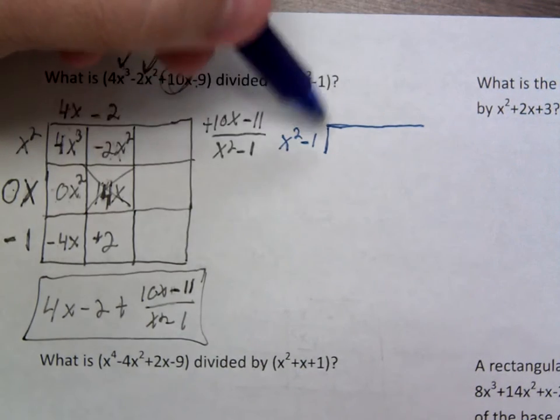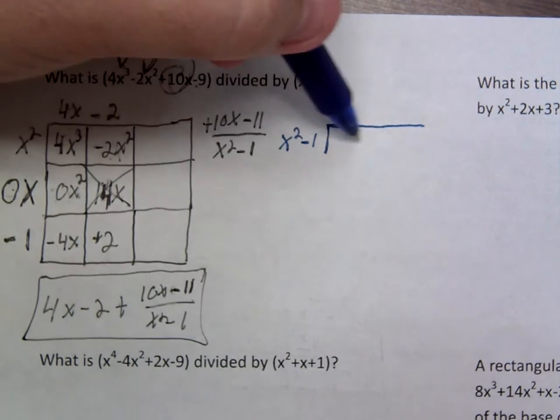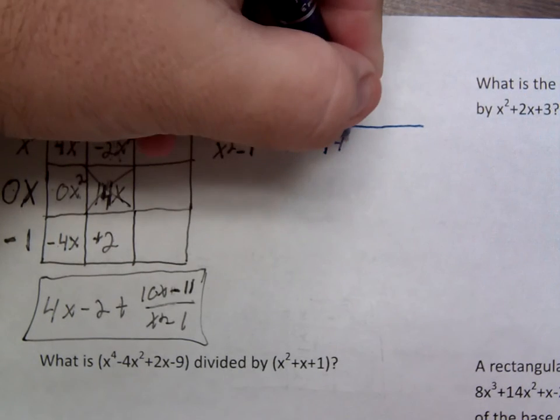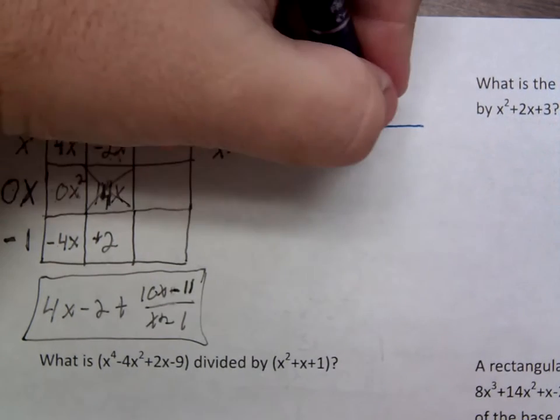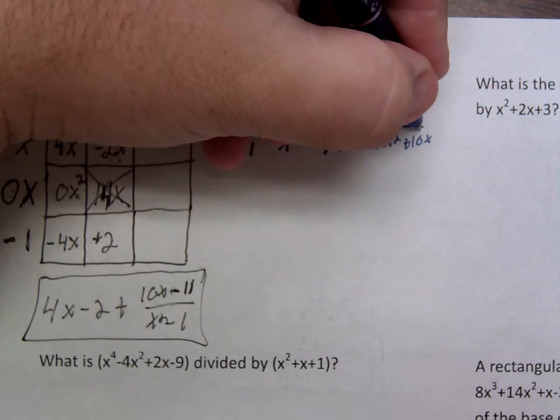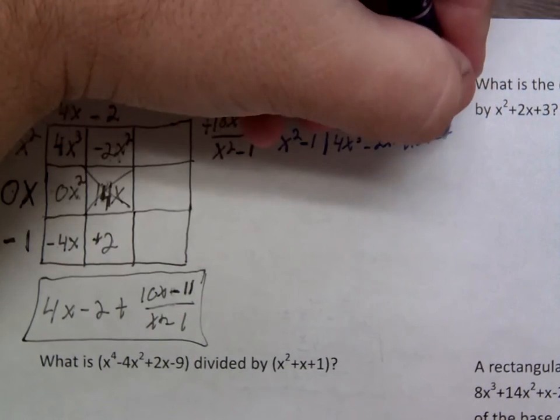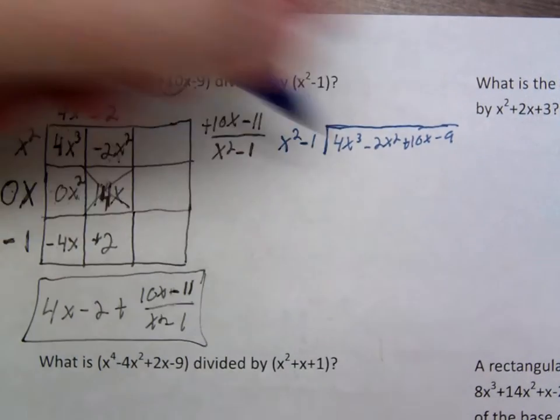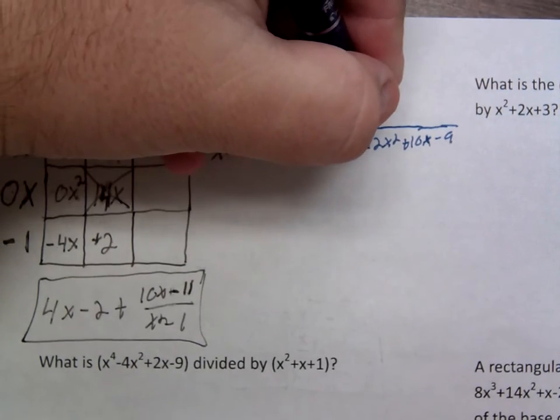So x squared -1, and we're going to put this long thing inside. So we get 4x cubed minus 2x squared plus 10x, -9. Ooh, -9 is so long. Here we go. Got it.